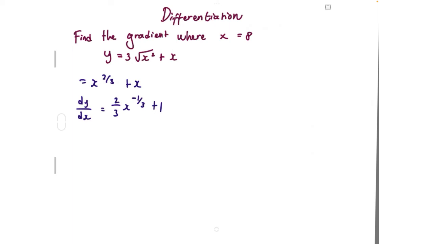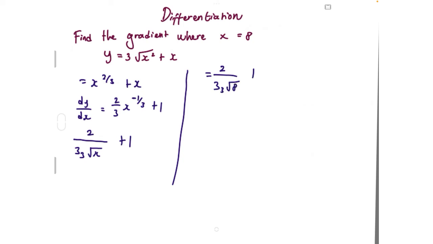So we need to substitute 8, but I'm going to rewrite that with the power back down on the bottom, which will be 2 over 3 times the cube root of x, plus 1. Okay, now it's written like that. We can substitute 8 and the cube root of 8, which is 2.